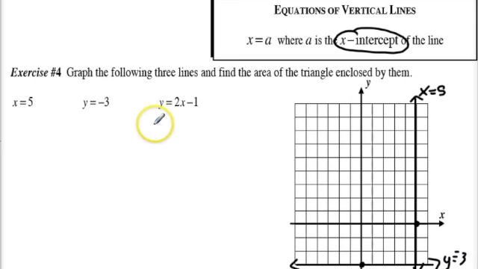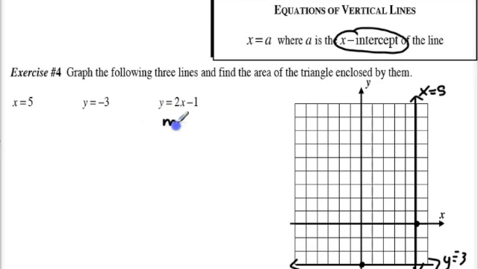Okay, and lastly, oh, look at this. We're back to our old lines again. So this is not going to be horizontal and it's not going to be vertical. This guy is one of our slanty lines that we've been doing all along.